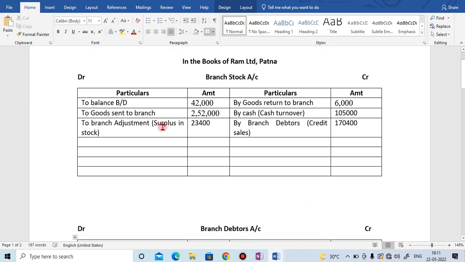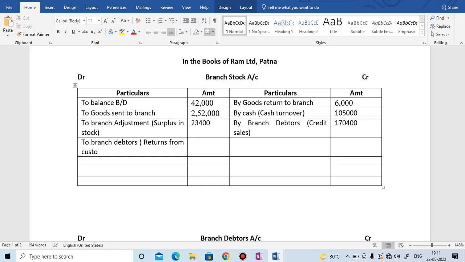In branch stock account, to branch debtors, return from customers 3000 rupees. Okay.